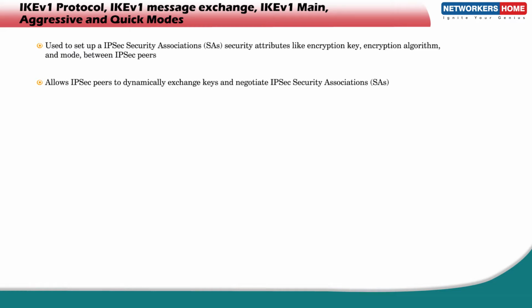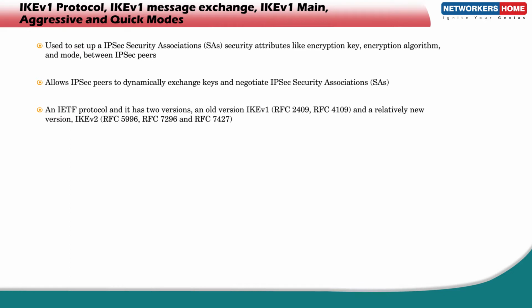Using Internet Key Exchange, IPsec security associations can be dynamically established and removed at a negotiated time period. Internet Key Exchange, IKE, is an IETF protocol and it has two versions. An old version, IKEv1, RFC 2409, RFC 4109, and a relatively new version, IKEv2, RFC 5996, RFC 7296 and RFC 7427.